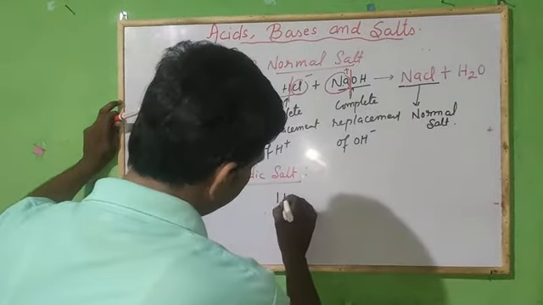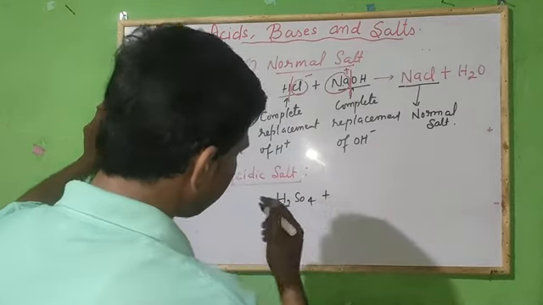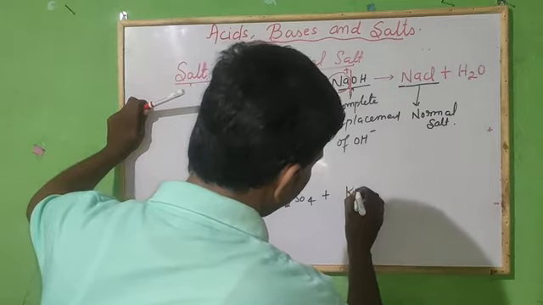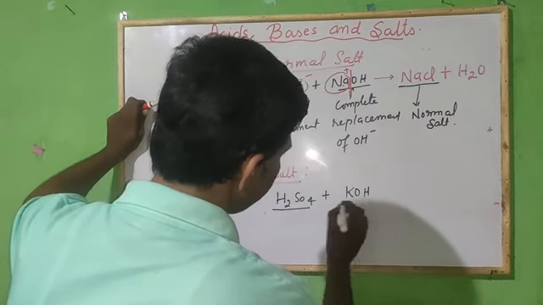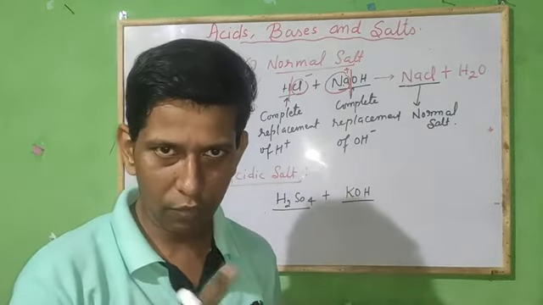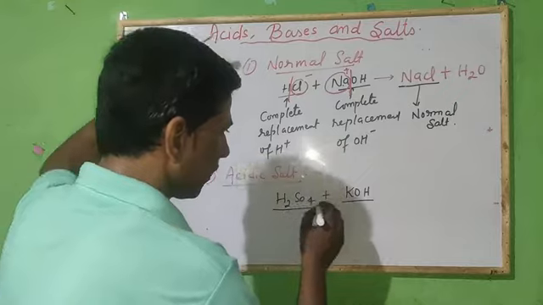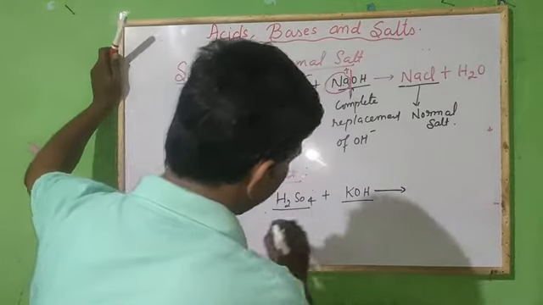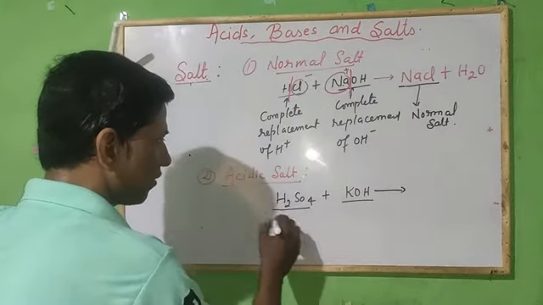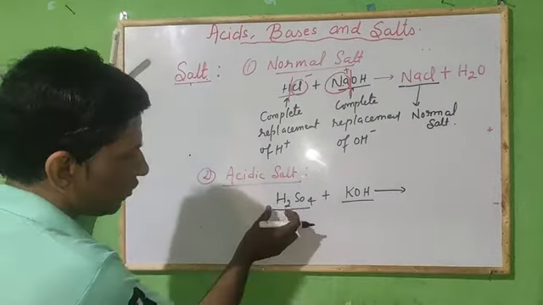Suppose I am taking one acid, sulfuric acid, when it comes in contact with potassium hydroxide. It is an acid, it is a base. Clear? So the two requirements for salt formation, acid and base, I have already explained. This acid is not going to completely replace all the hydrogen. How many hydrogens are there? Two.